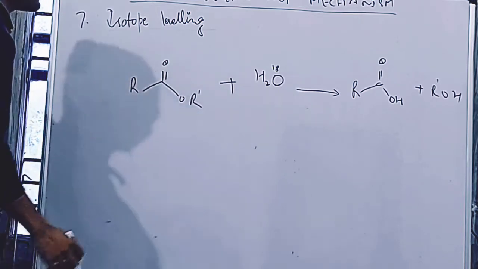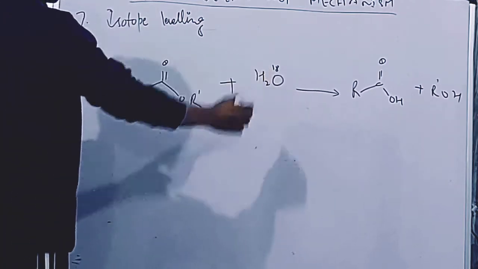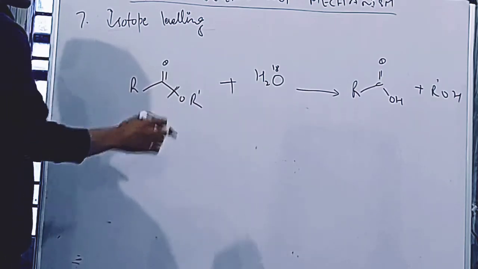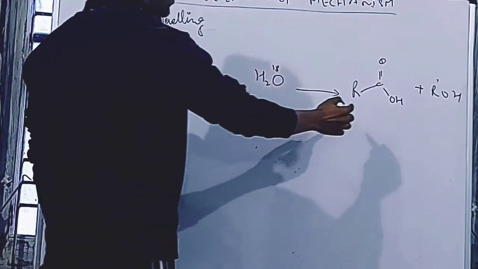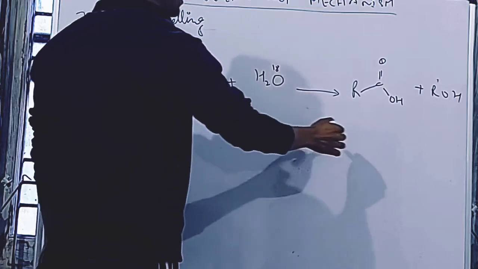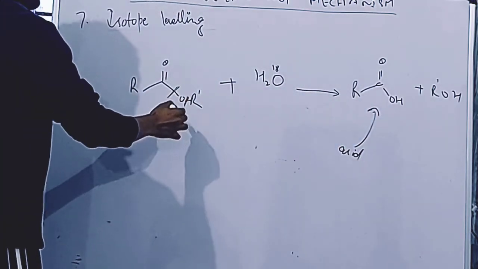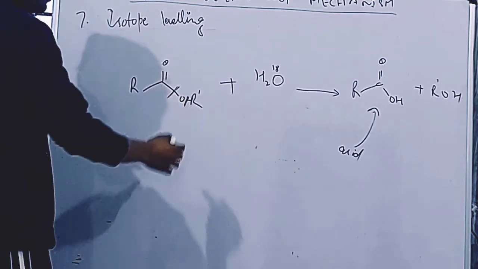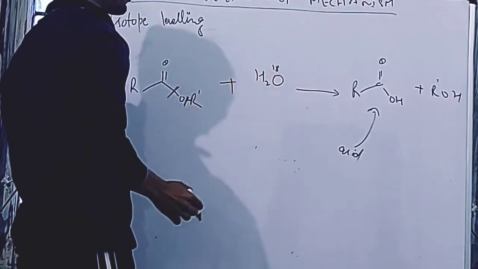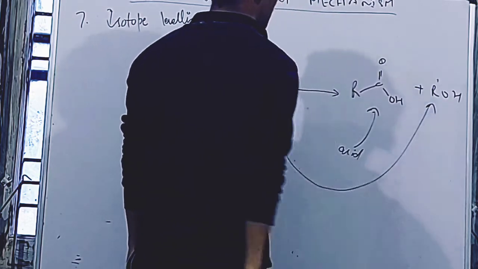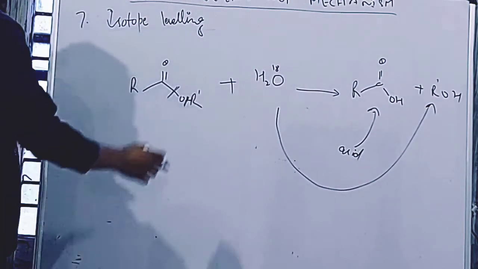For determining it, we used the 18O isotope of oxygen, and if this acyl bond is broken, then the 18O must be in this acid, and if the alkyl bond is broken, then the 18O isotope of oxygen will be in this product. So you know the difference.